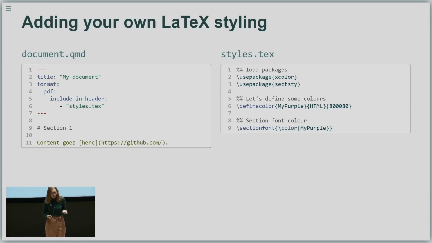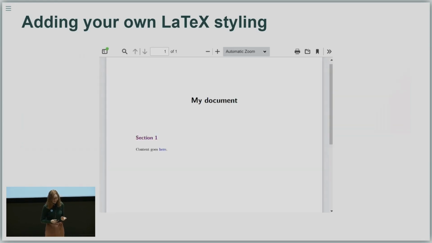It loads a couple of packages, it defines some colors, and it says, okay, let's make the section heading color this new color that we've defined. And that's a very small amount of things we're trying to do, and already the LaTeX code looks kind of horrible. It's not particularly nice looking. But you can see that it gradually changes how your PDF looks.